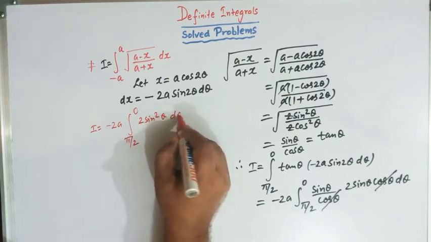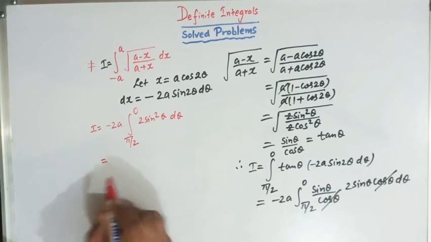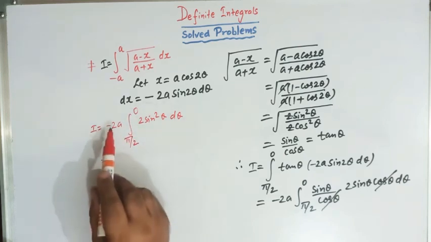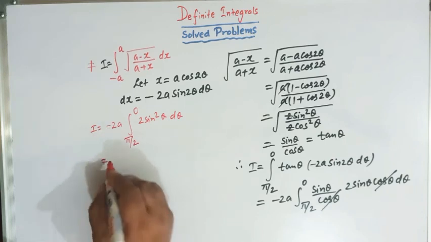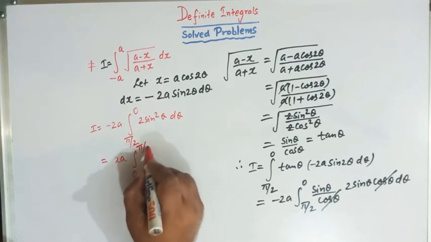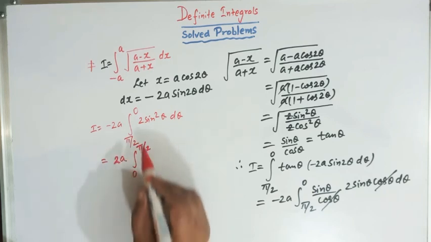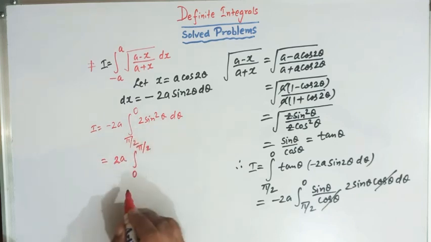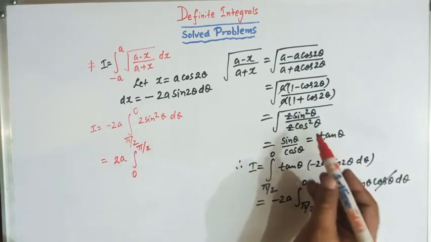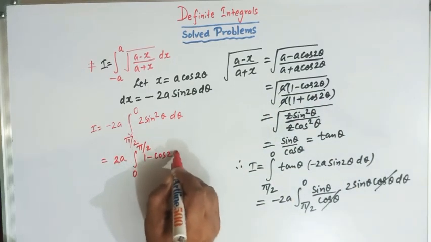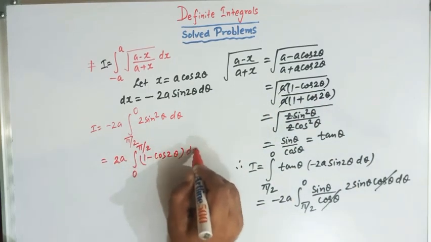Now reversing the limits, this negative sign will disappear, so we have 2a, and it is from 0 to π/2, and for 2 sin²θ we can write 1 − cos 2θ.